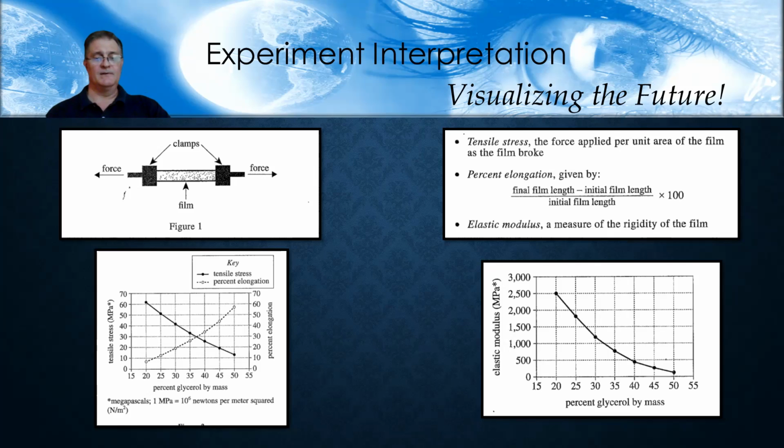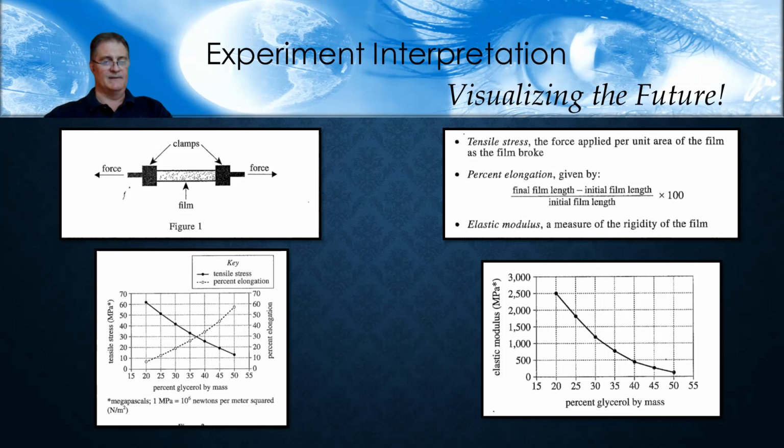Now, the last thing you need to do is compare the two graphs together and make sure both sets of data fit one another. And when you compare both sets of data, you see that they do, because the rigidity decreases as we increase glycerol, just like the tensile stress decreases as we increase glycerol. So the tensile stress and the rigidity are similar, they decrease.